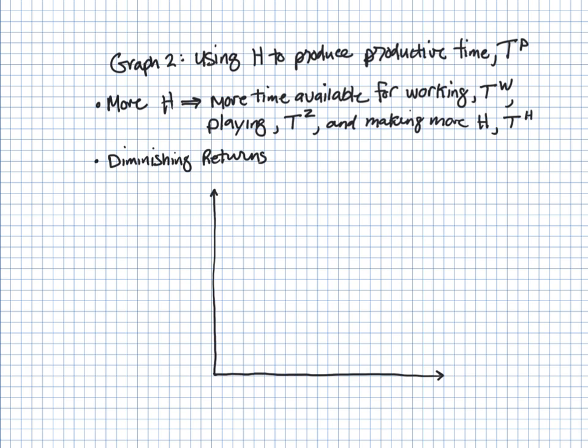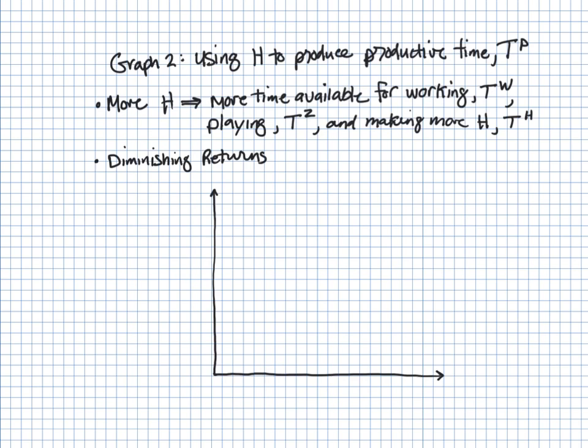The second graph I want to show you can be thought of as a sort of production function. Right? So in this model, in order to have productive time available to us, we need to be healthy. Okay? So the key concept that we're going to show here is that the more H you have, the more time available for other activities you're going to have. Right?